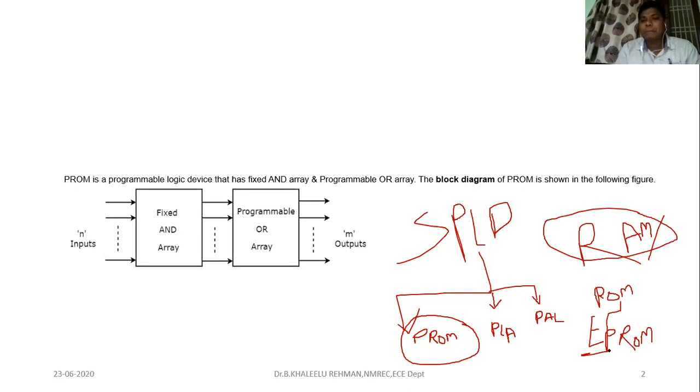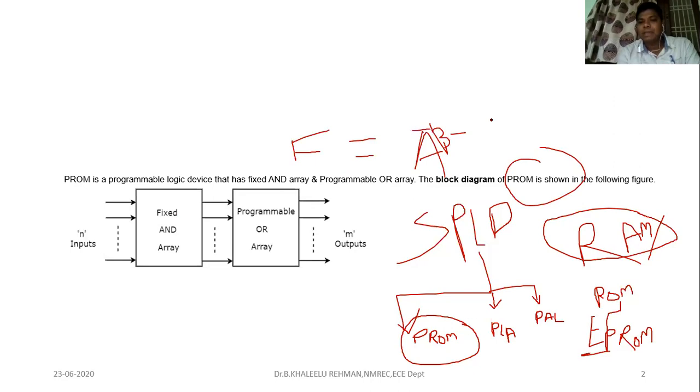If I talk about the PROM, in the first unit under learning outcome 2, we discussed the PROM. The definition of the PROM is a fixed AND gate and a programmable OR gate. For any Boolean function, for example f = a'b + ab, any Boolean function is a sum of products.